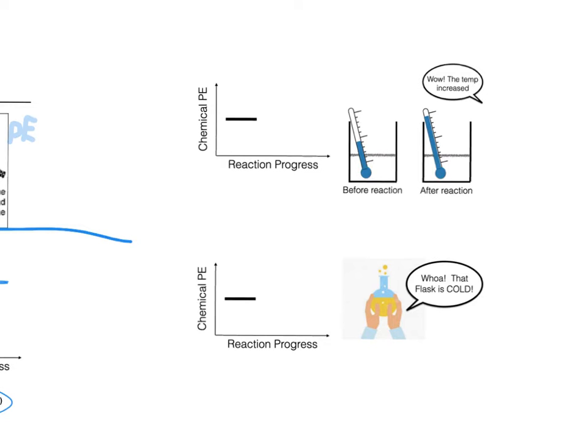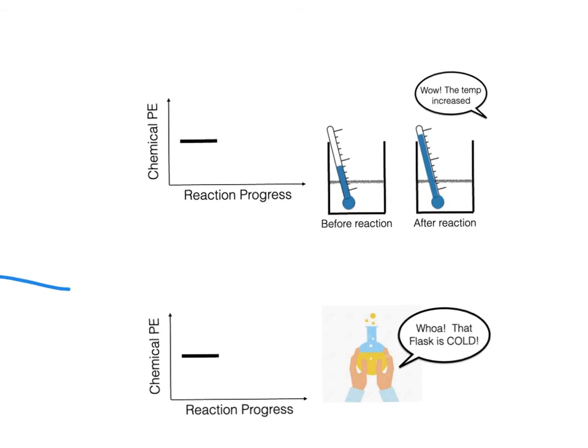So I've got an example of each here. In this top one, what's happening there is as the reaction proceeds, so I've got a before and after, your thermometer increases. So I've got that both as the visual there, the thermometer increasing, and the person saying, wow, the temperature has increased. So what you then have to do is deduce what's happening to the chemical potential energy.